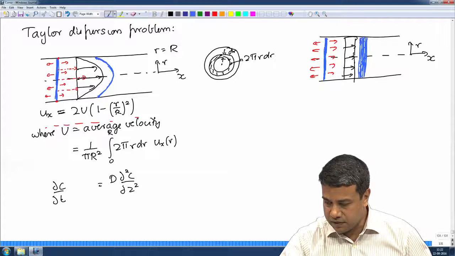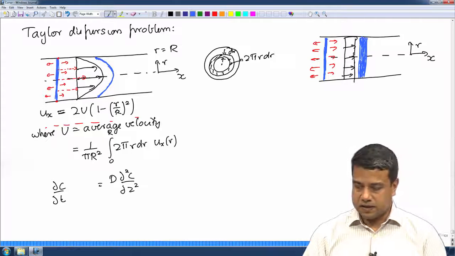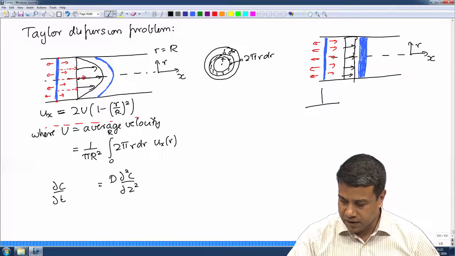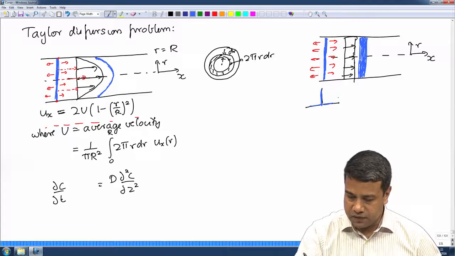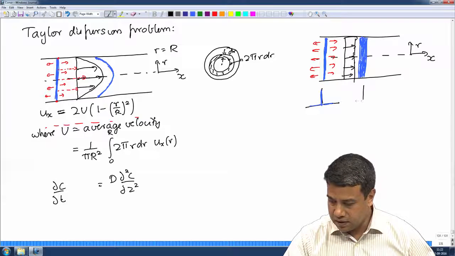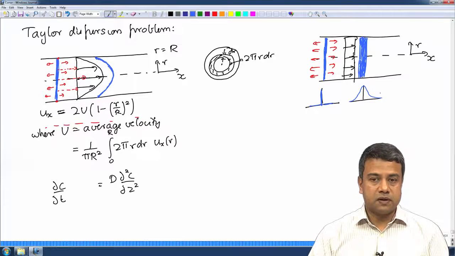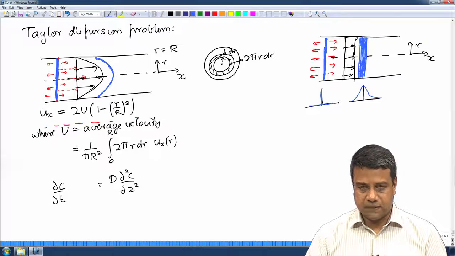If I drew the concentration field here, if it was a sharp function at this location, it would be diffused out at this location, only due to molecular diffusion. That molecular diffusion happens only in the axial direction, along the x direction.